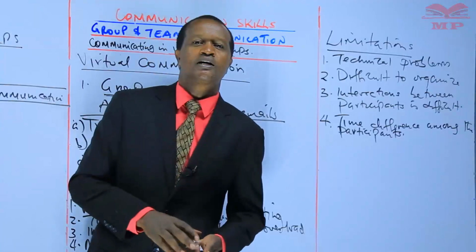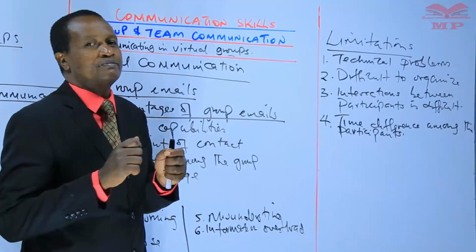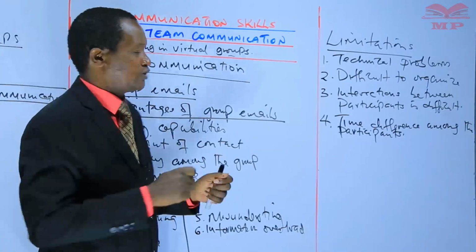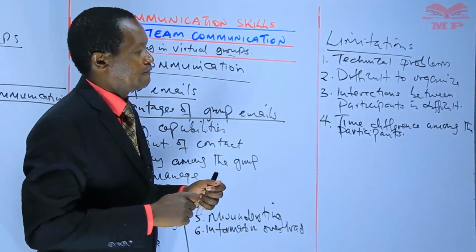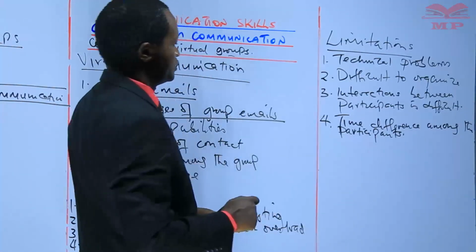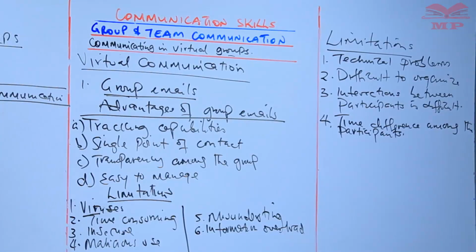Candidates, virtual meetings are scheduled at a specific time, and not all members can be free at that particular time. That's a challenge. So these are 4 challenges or limitations of virtual meetings or virtual communication.